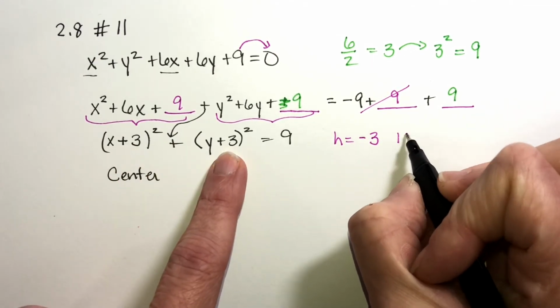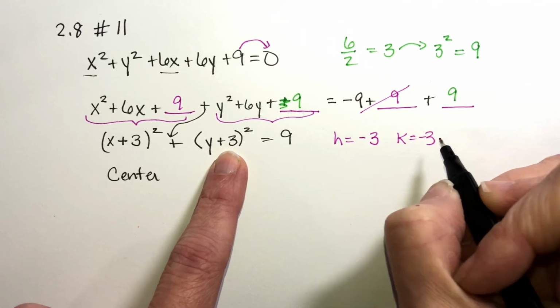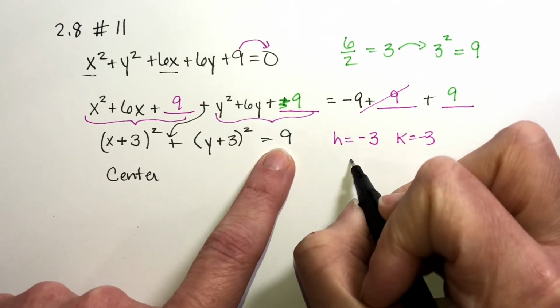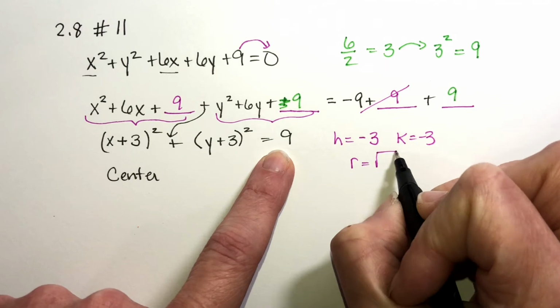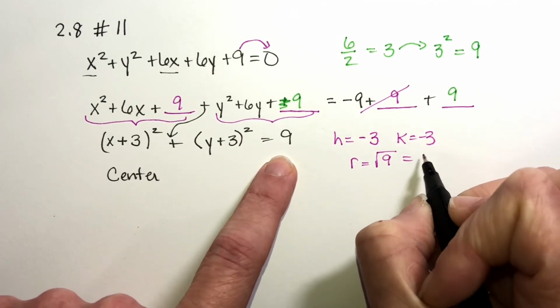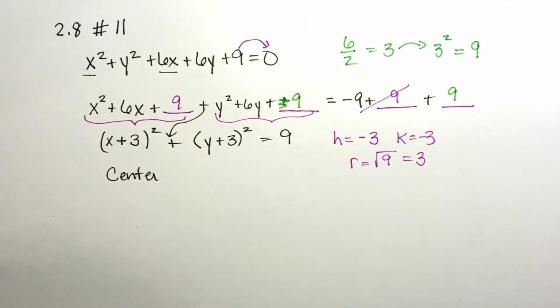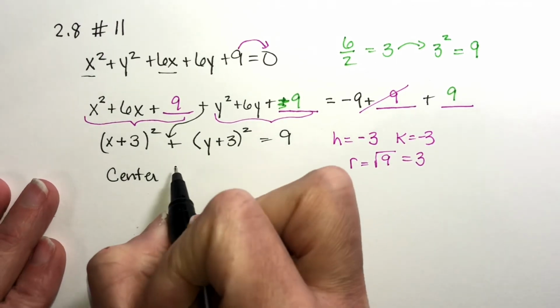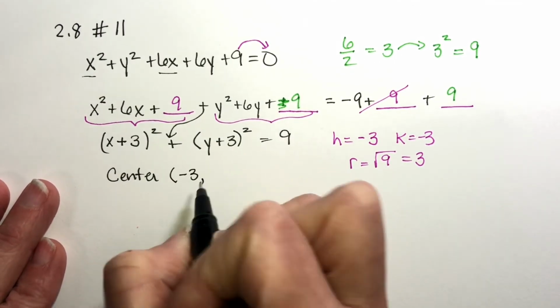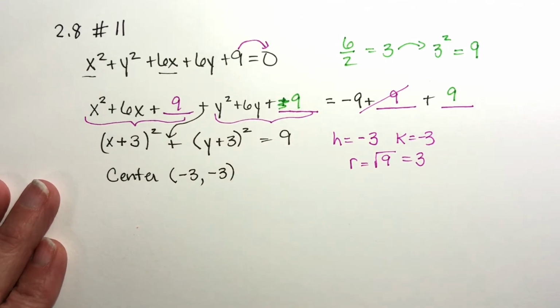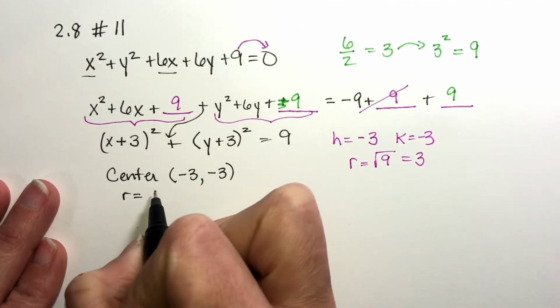And so your k is also -3. And then your radius is always the square root of this number. So your radius is 3. So your center is always hk, so it is -3, -3. And your radius is 3.